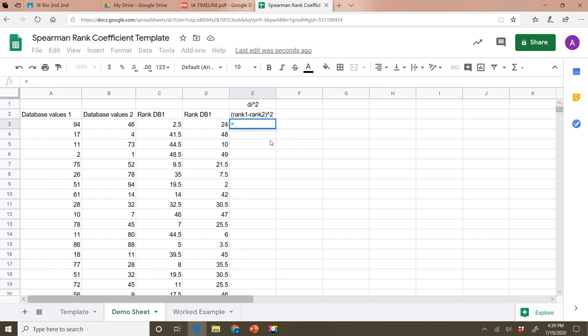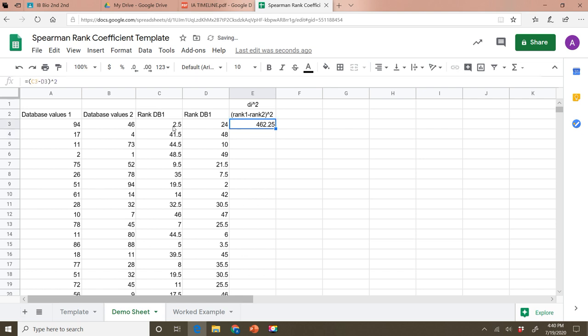If I compare the rank of the value in location 1 for database 1 minus the rank of the value in database 2, I take that number and get some value. And what happens if I square that value?